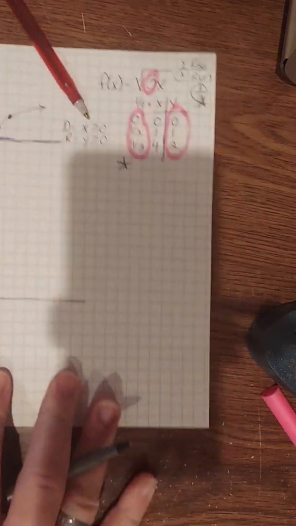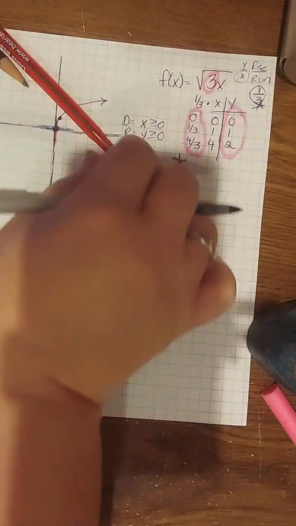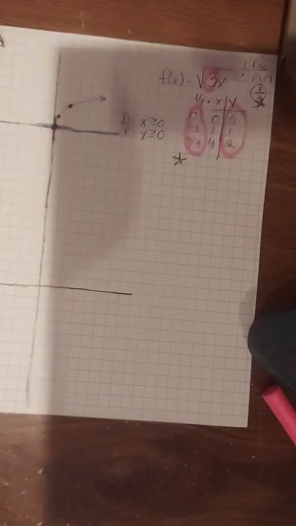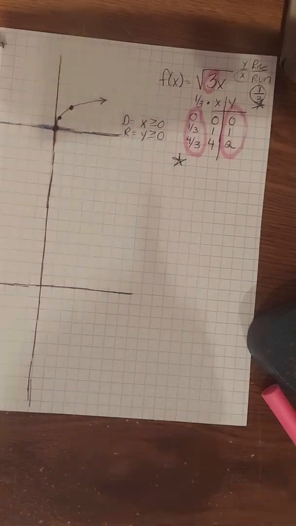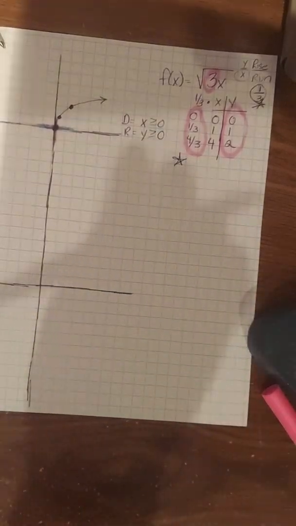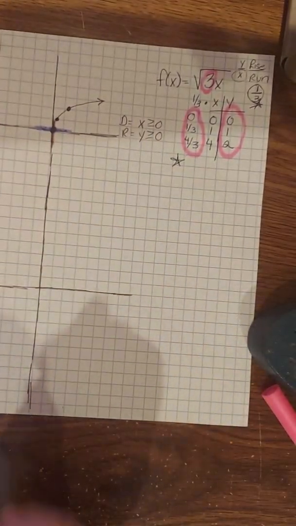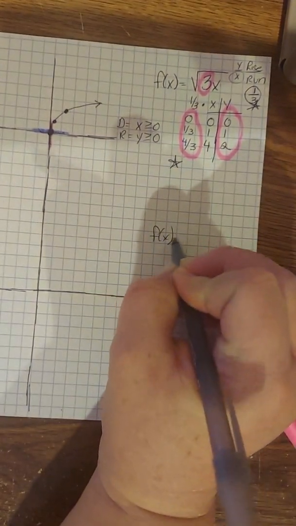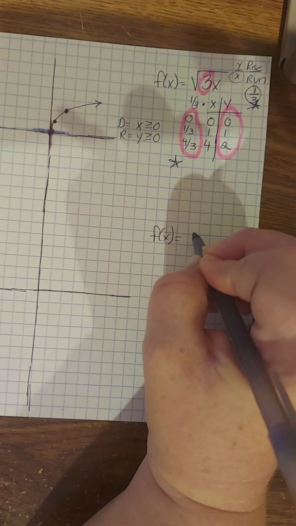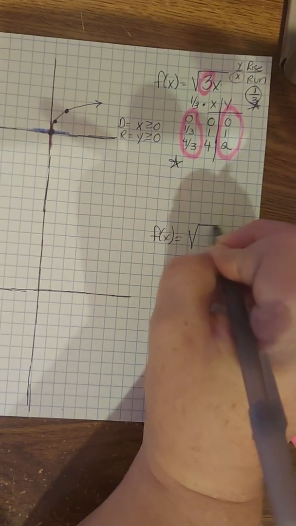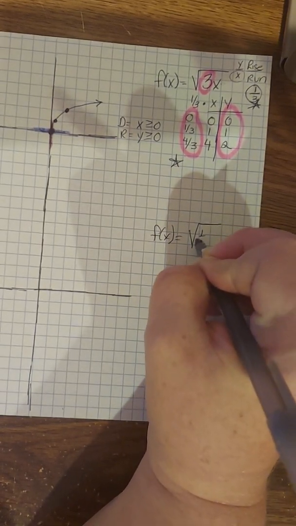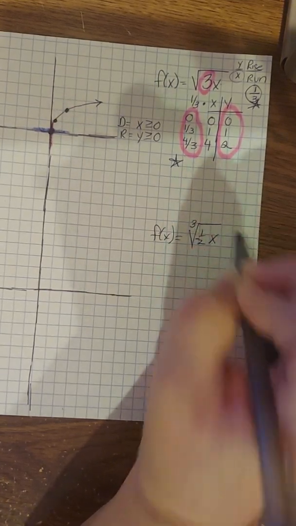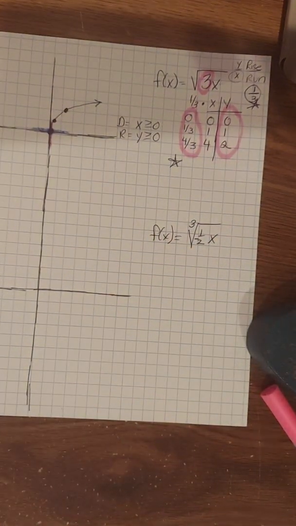We'll do a cube root, and we're going to do a reflection as well. So let's do this. f of x equals the cube root of negative 1/2 x. We're going to make it negative.